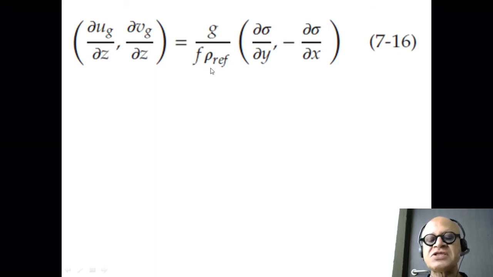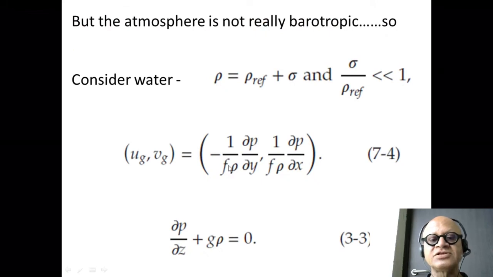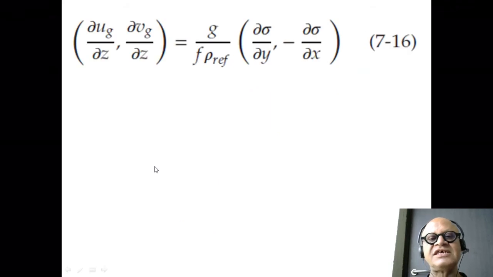We have written rho as rho ref plus sigma, and remembering that this is in the denominator, we are taking the derivatives with respect to z. You end up getting minus 1 over rho squared and then rho sigma, so it basically becomes g over f rho ref, d sigma/dy and minus d sigma/dx, so x direction and y direction.